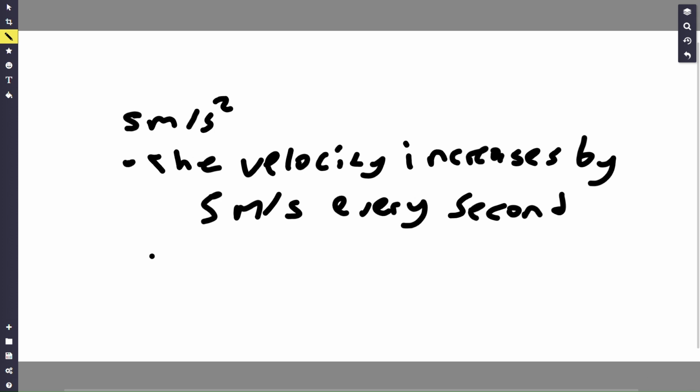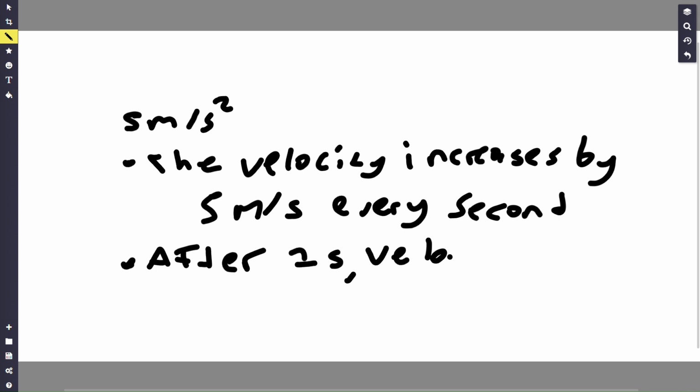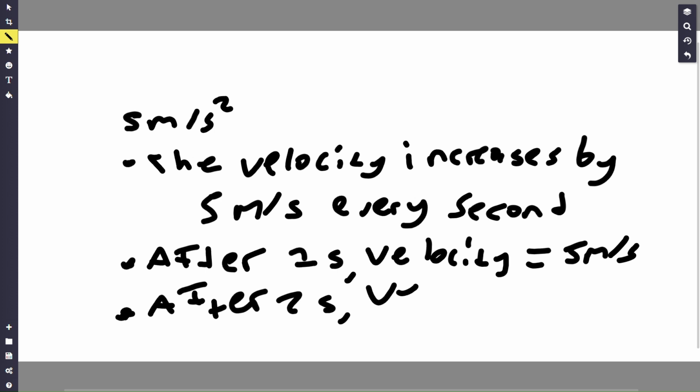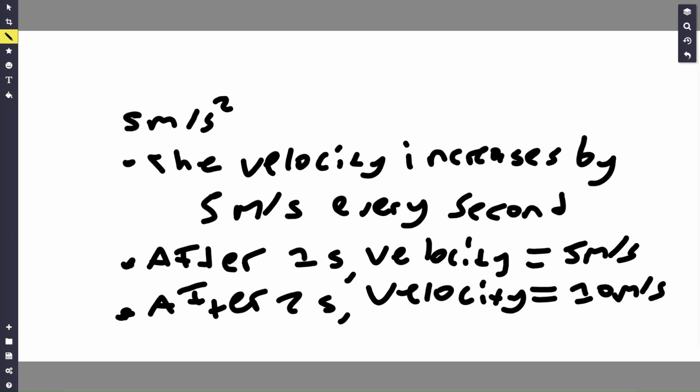Now let me show you this. After 1 second, velocity is at 5 meters per second. After 2 seconds, velocity equals 10 meters per second.